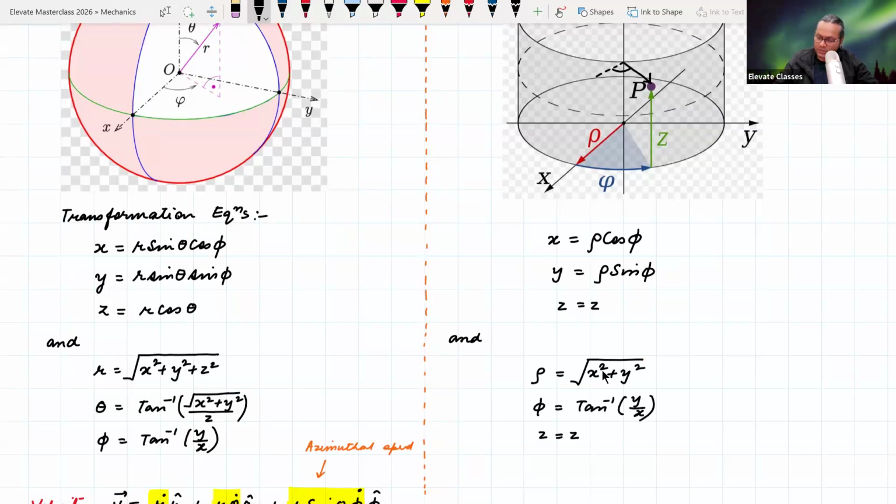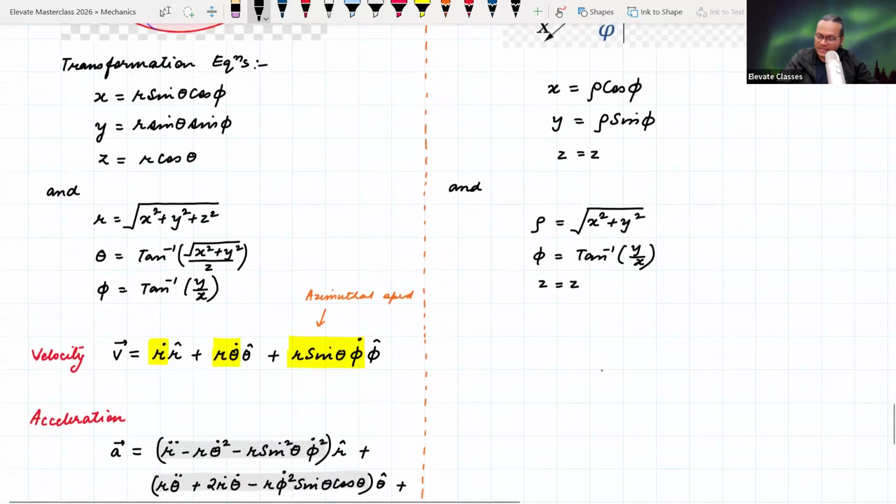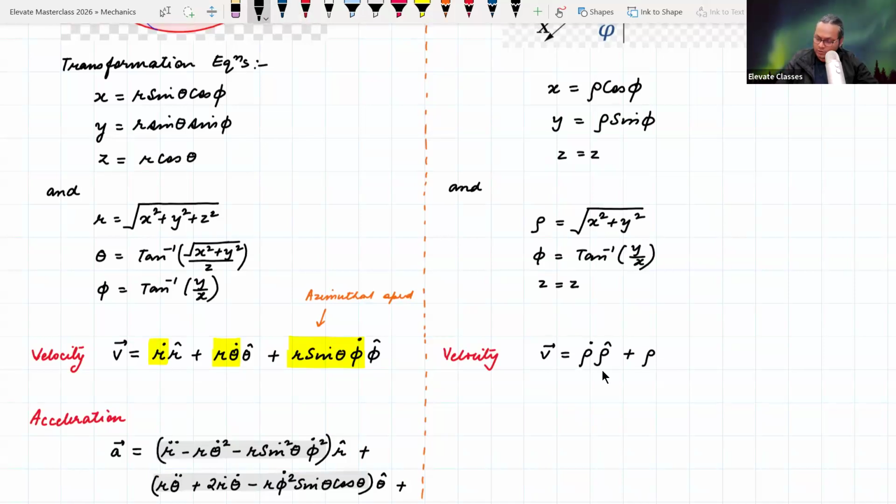No issues. Now if you look at the various physical quantities like velocity and all, give me 5 minutes, let me complete this topic. Okay, so the velocity v is equal to rho dot rho cap plus rho phi dot phi cap plus z dot z cap.